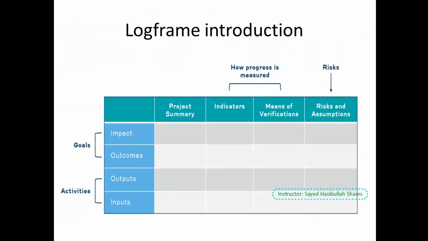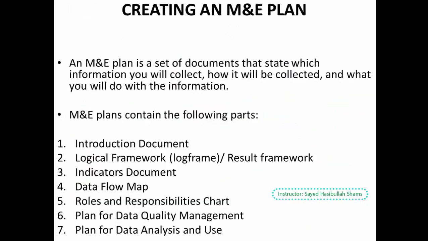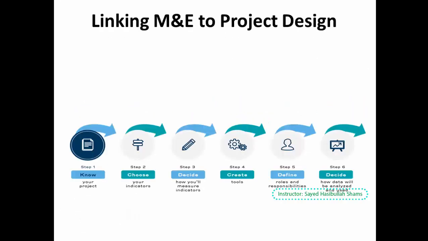When we understand the project design and how M&E relates to it, the second step that we mentioned before is the logical framework or result framework. Here we will discuss the logical framework.